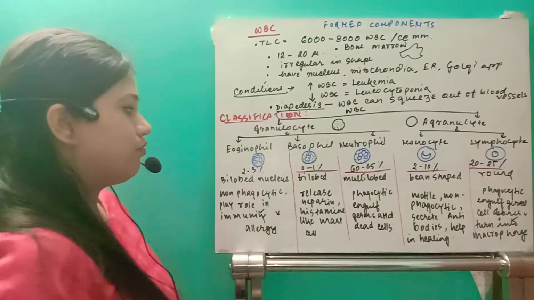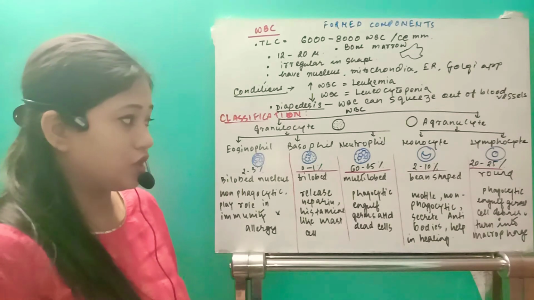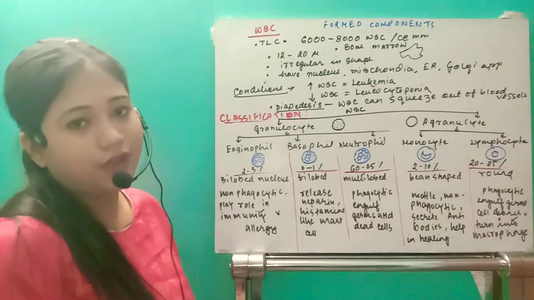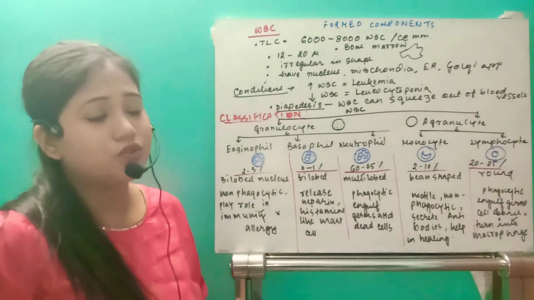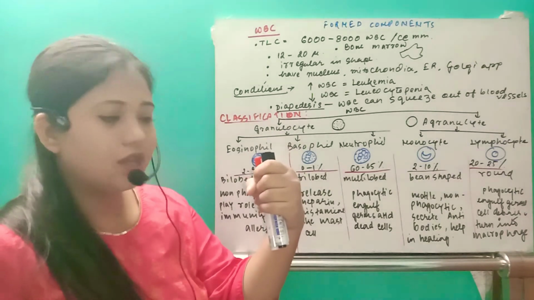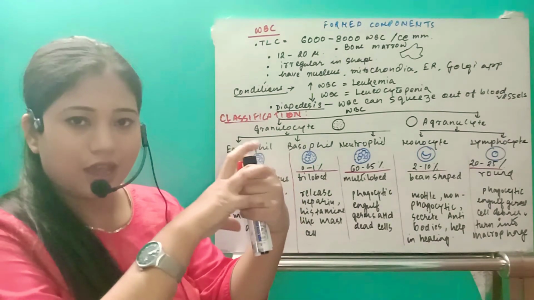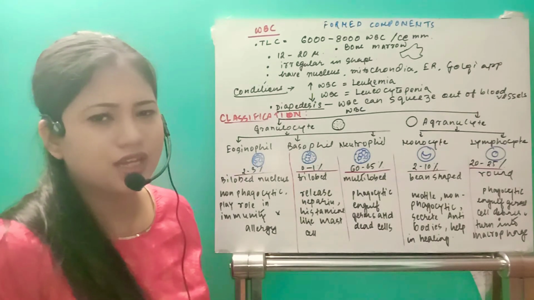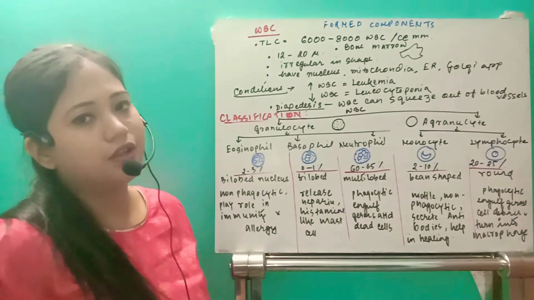Next one, what is the function? The function is also going to be important. For eosinophil, it is non-phagocytic. Now what is phagocytosis? Phagocytosis means, suppose a foreign particle comes, this WBC will engulf it and remove it outside. That is phagocytosis in simple definition.